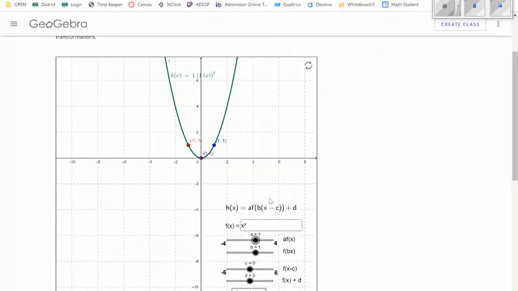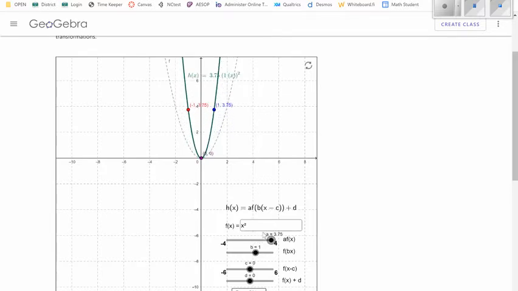So just to look at a graph that we have right here, so this is the parent graph, and I'm going to move that a value that's in front. So notice that if I move that a value, numbers that are bigger than 1 are vertically stretching. So notice that the x values stay the same, but the y values are the values that are changing.